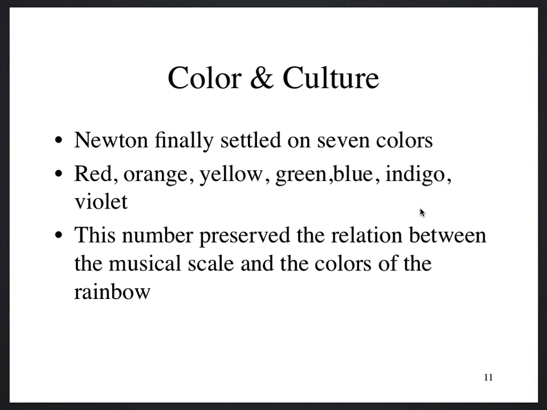And the idea was if you could map sounds to colours, then you could also have a system for harmonious colours. And because there's 7 notes in the musical scale, do, re, mi, fa, sol, la, ti, do, that's why we have 7 colours in the rainbow, because Newton was thinking along those lines. So the important point is that it's arbitrary.